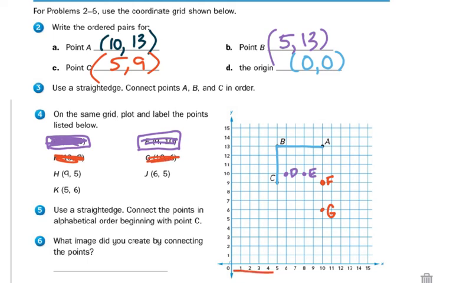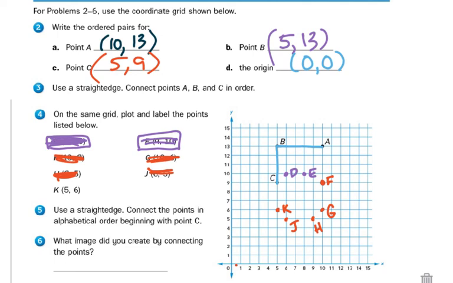H, over 9, and then up to 5. Put the letter H. The letter J, over 6, up 5. So I'm going to go over to 6 and then up to 5. Put the letter J. And lastly, K, over 5 and up to 6. Put the letter K.